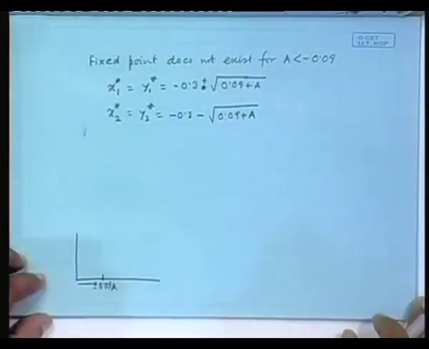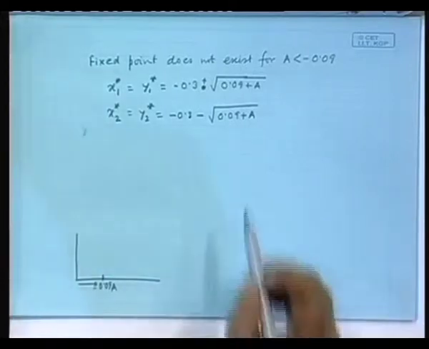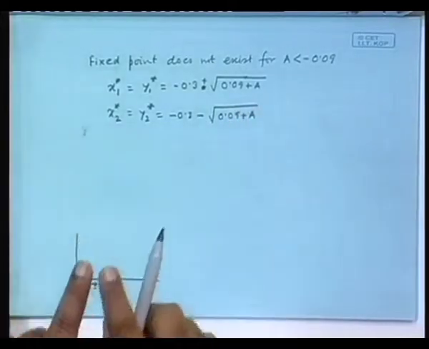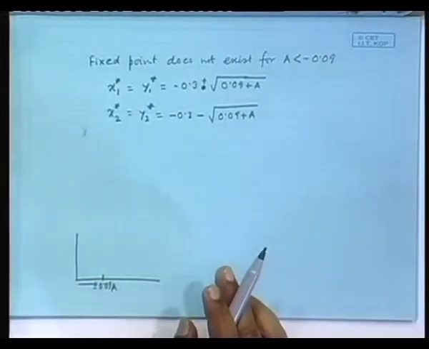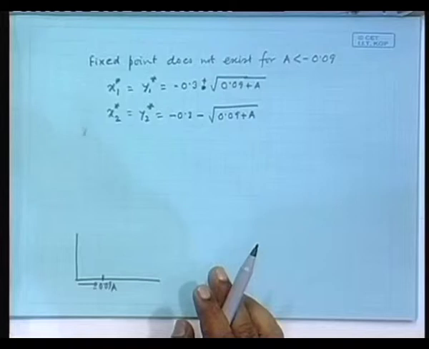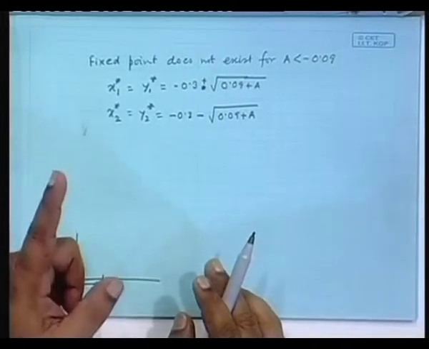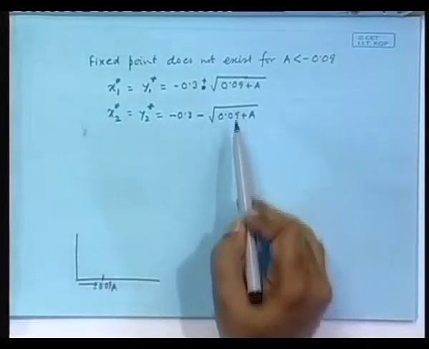Fine. So, these are the two fixed points, which means that beyond that, two separate fixed points are born. Is the point clear? It is not that one is born, two are born. Fine. So, these two are born.